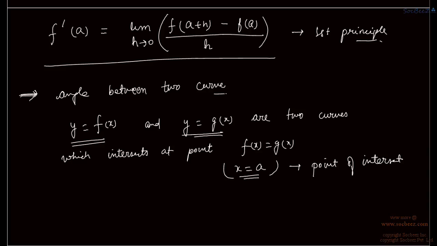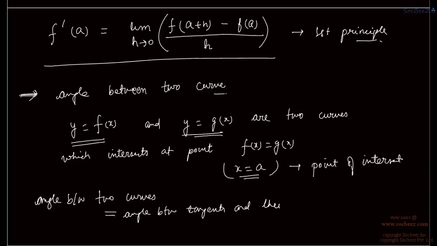So the angle between two curves is equal to the angle between tangents at their point of intersection, right?